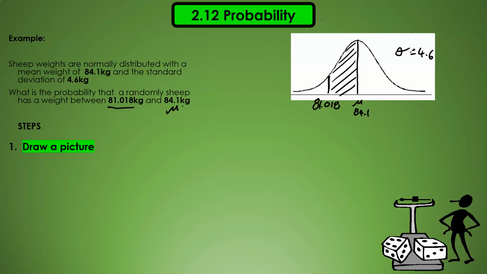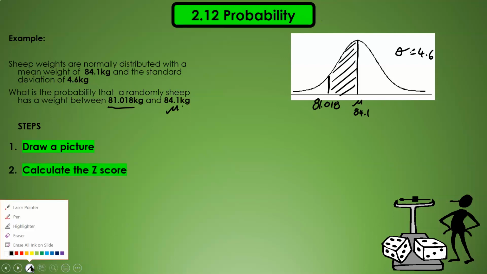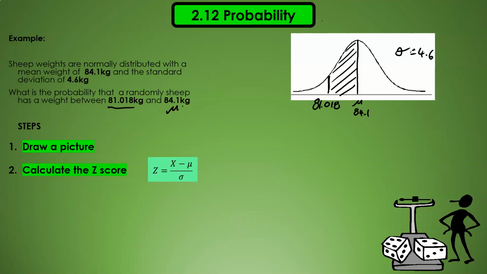So now that we've drawn our picture, we can start to look at calculating the z-score. And the good news is the formula is exactly the same. So the z-score for this one is going to be 81.018 take away 84.1 divided by 4.6, the standard deviation.